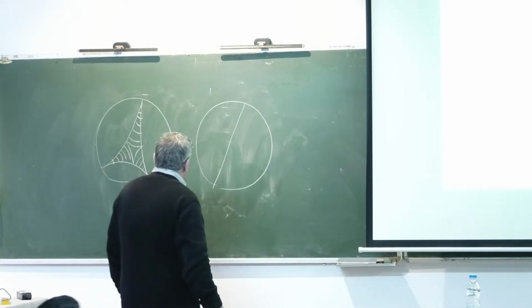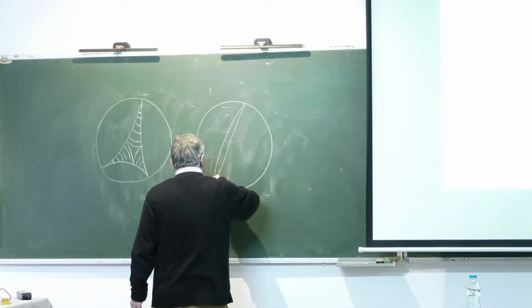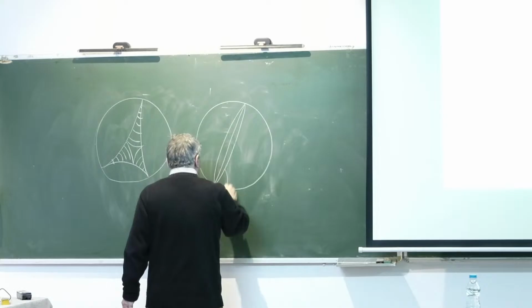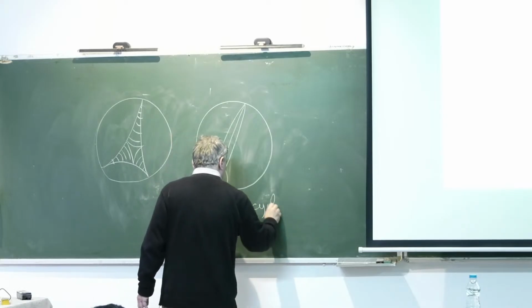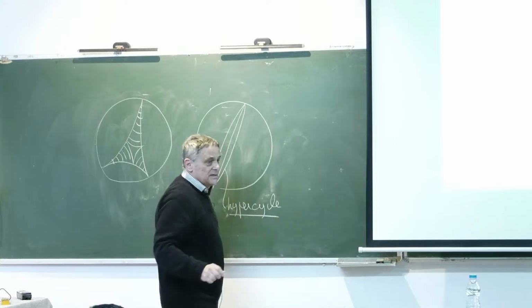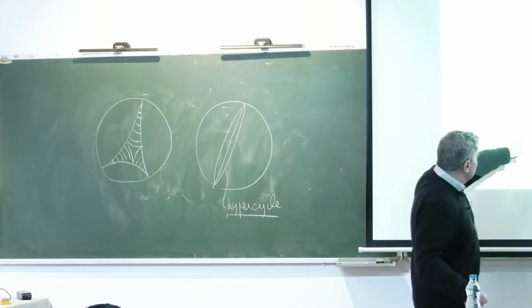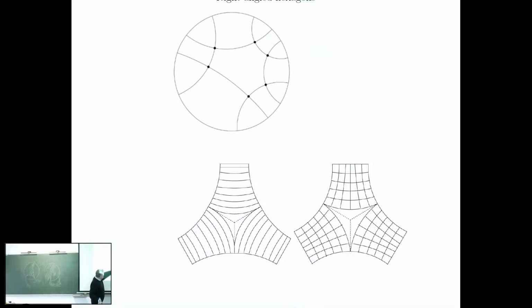It is not a geodesic. It's a line like this, which is called a hypercycle. A hypercycle is a set of points equidistant to some geodesic. So these are all hypercycles. This picture resembles this picture here.